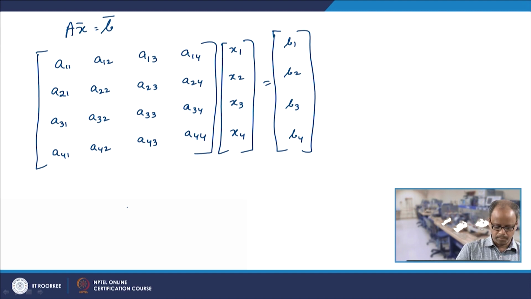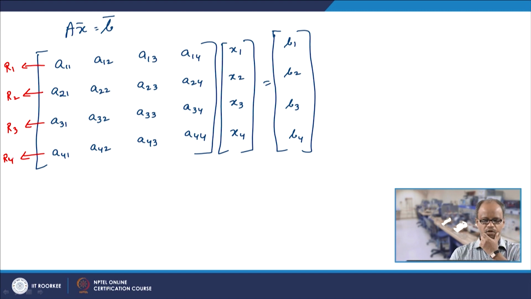We denote that we have got 4 rows: row 1, row 2, row 3, row 4.